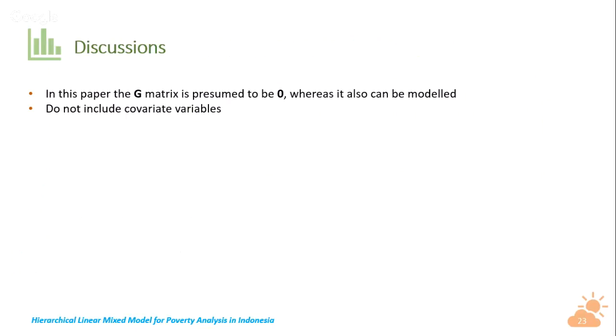It can still be extended in another paper, where we can also model the variance covariance structure of the random effect R matrix. And this paper does not include covariate variables. Then this is an open problem.